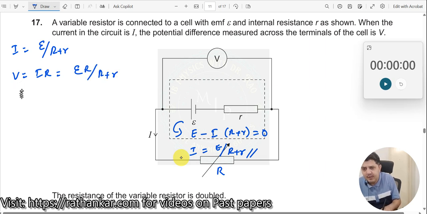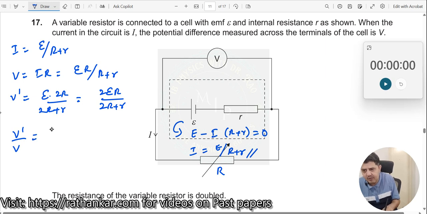Okay. Now if the resistance is doubled, what will happen? V dash will now become E into 2R divided by 2R plus r, which is 2ER divided by 2R plus r. Now let us compare these two, because I want V dash in terms of V. So V dash by V will be equal to 2ER divided by 2R plus r, multiplied by R plus r divided by ER, because V is in the denominator, so it goes upwards.